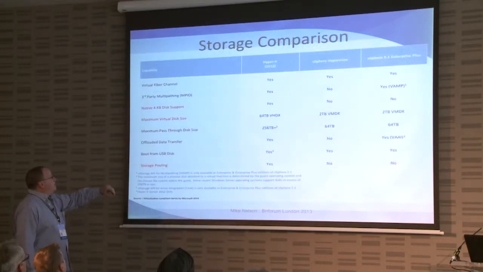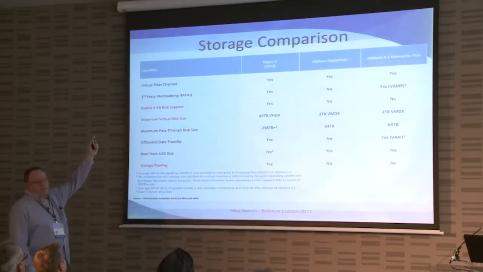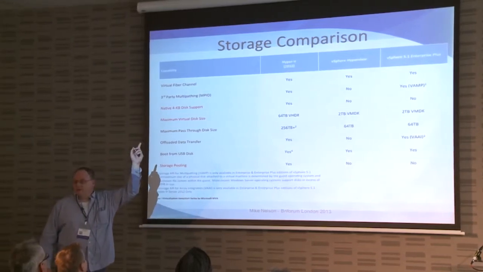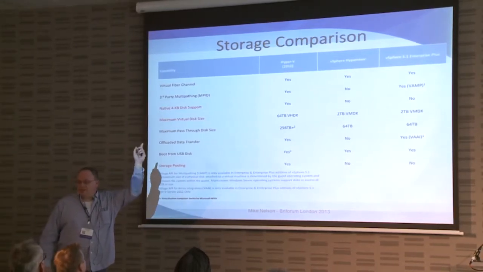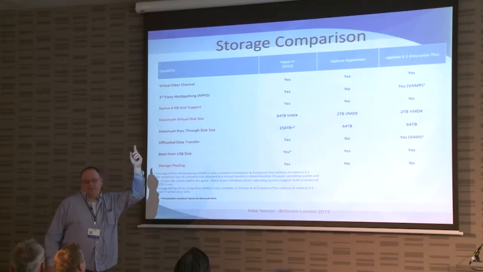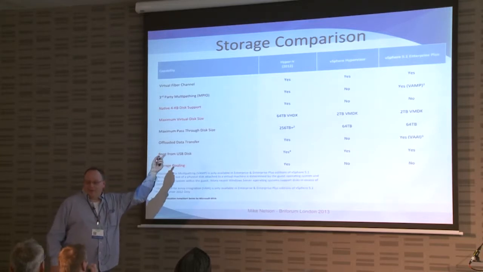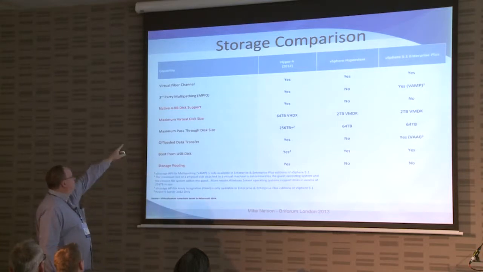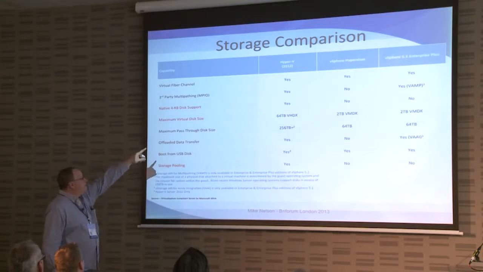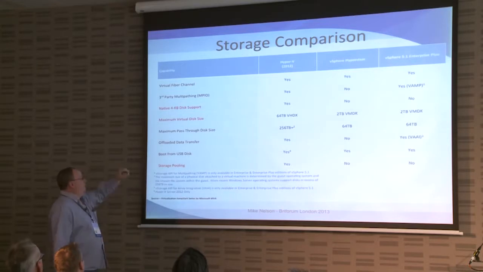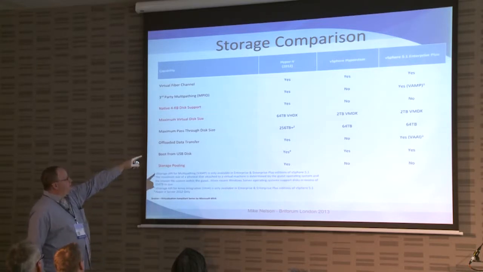So some of the comparisons, again, called out. Anybody use virtual fiber channel, by the way? No? I just used that like a month ago. I was testing something. That is really cool. You can actually simulate fiber channel. It's really awesome. The 4K disk support, which obviously helps the whole alignment issue. Maximum virtual disk size.